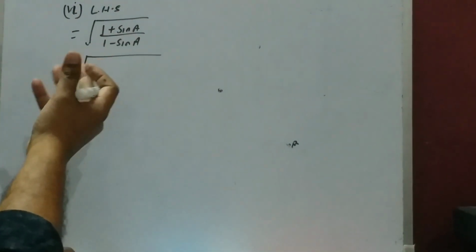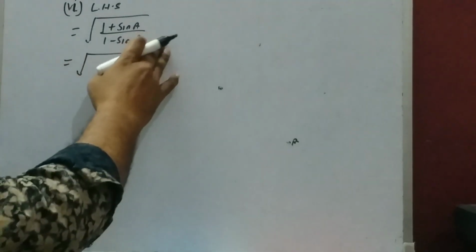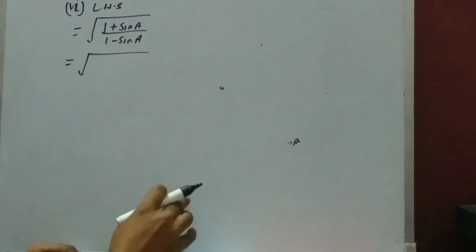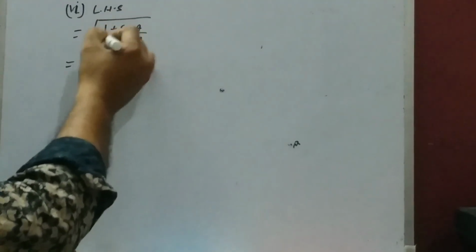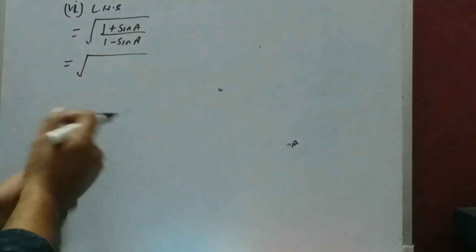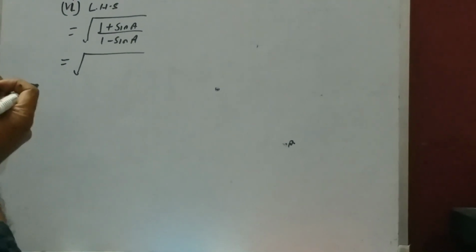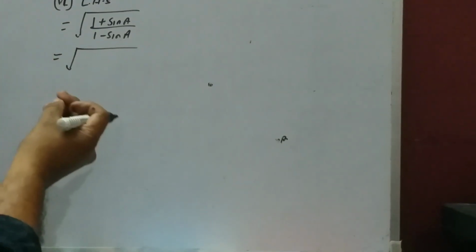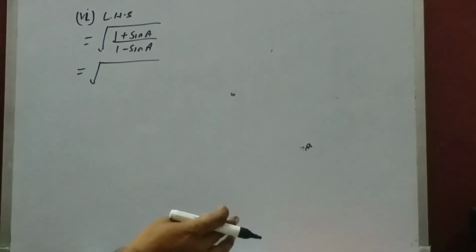So you will try to eliminate the under root from LHS. And how can this root be eliminated? If all the things inside the under root become a perfect square, then they will come out from the square root. So you will try to make the things a perfect square.